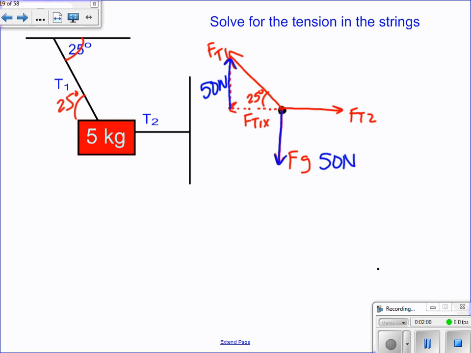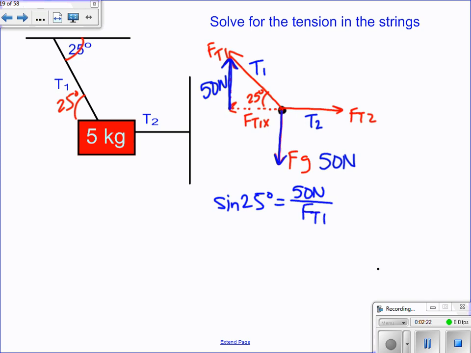And what am I trying to solve for? I'm trying to solve for tension 1 and tension 2. Tension 1 is the hypotenuse of that triangle, and I know the opposite side is 50. So sine of 25 degrees is equal to opposite, which is 50 newtons, over hypotenuse, which is the force tension of the first string.